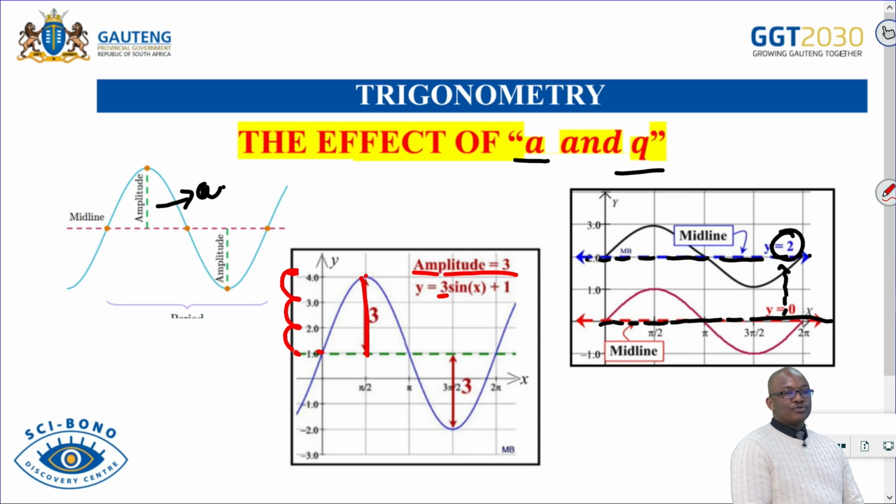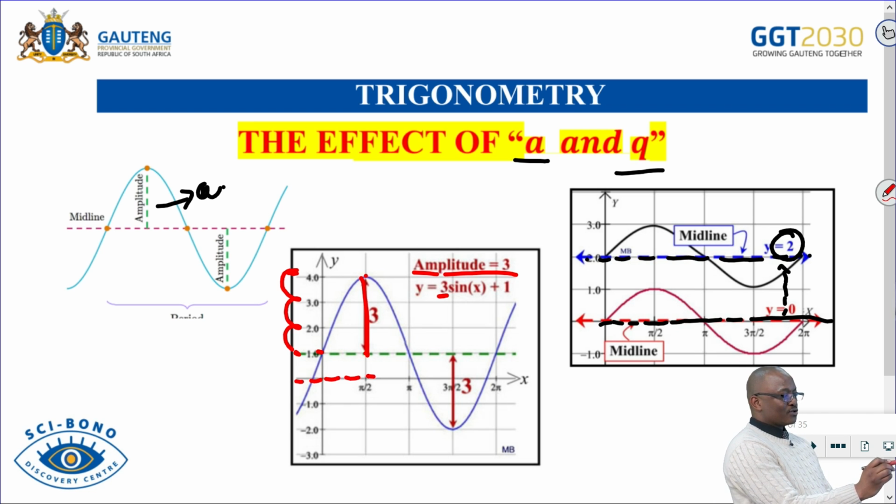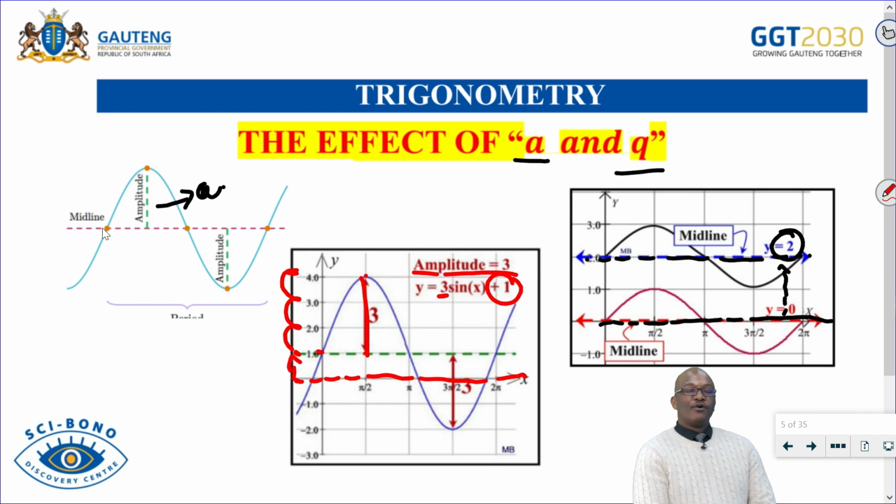Hence, your amplitude there is 3. And from your midline where y = 0, we can see that our graph has moved 1 unit upward, which is the value of q. If it's plus 1, it will go up. If it's negative, then it will go down. So those are the effects that we are going to be looking at today, A and Q.